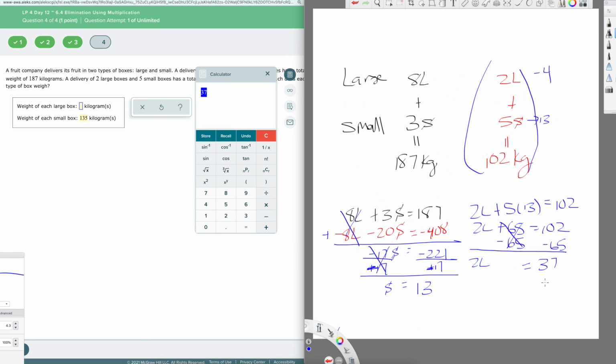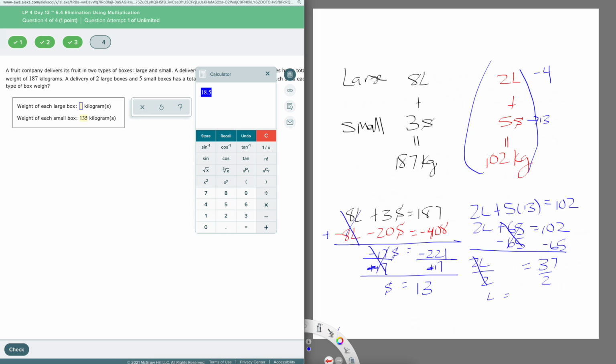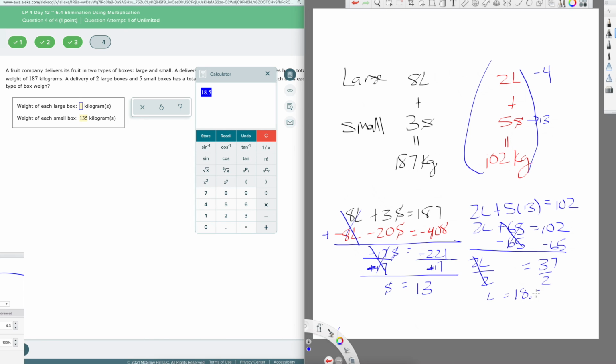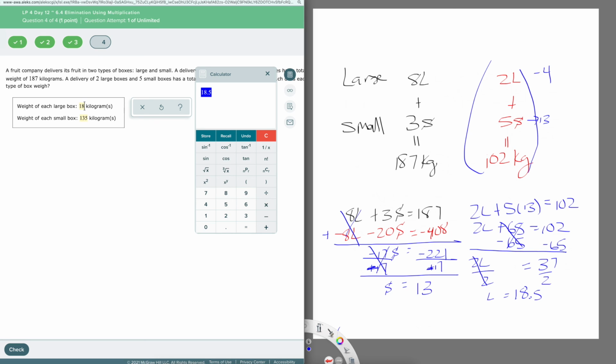And we're going to divide by 2. We're going to end up with a decimal, but that might be okay. 2 divided by 2 cancels. 37 divided by 2 is 18.5. So let's see if that's correct, because just because it's a decimal doesn't mean it's not correct.